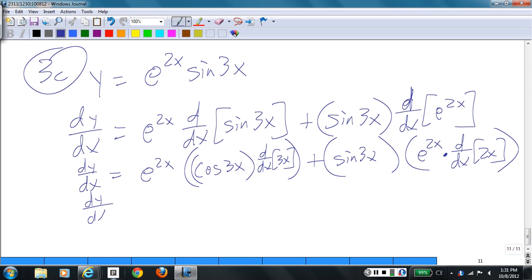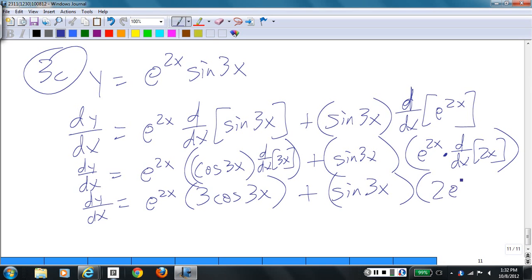So this is going to be e to the 2x times 3 cosine 3x plus sine of 3x times 2e to the 2x.